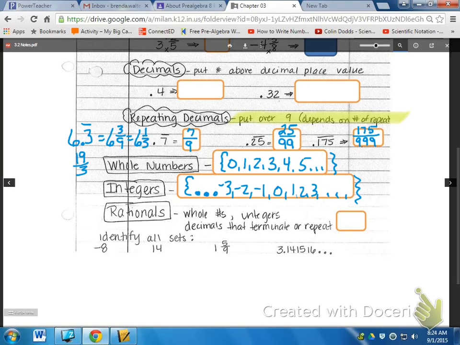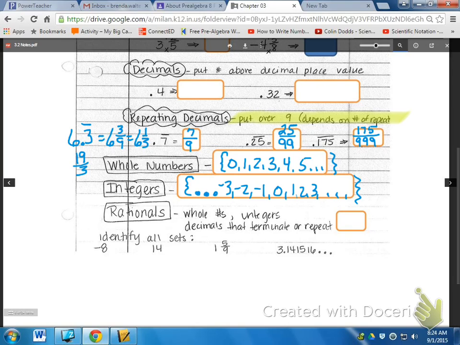So any kind of decimals or fractions, except ones that don't stop and don't repeat. Anything that stops or repeats, you can make it a fraction, so therefore it's rational. Okay, so we need to identify all sets.